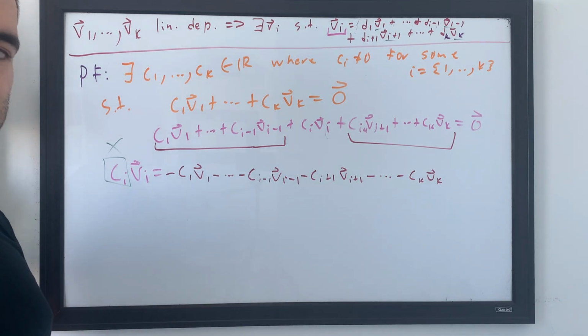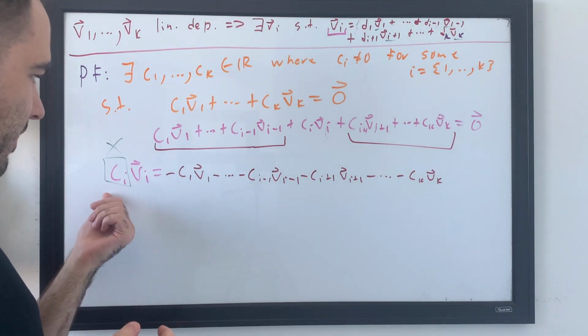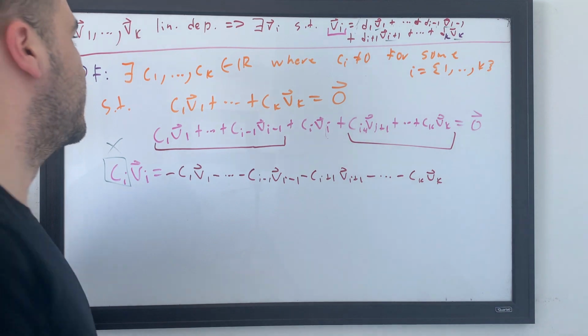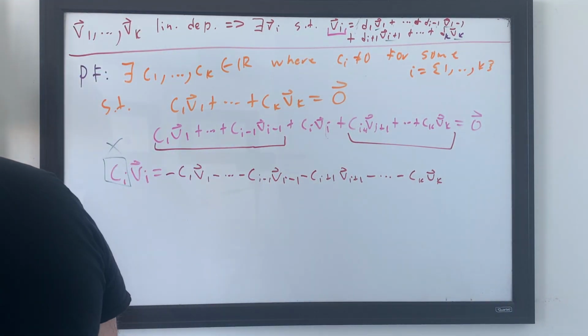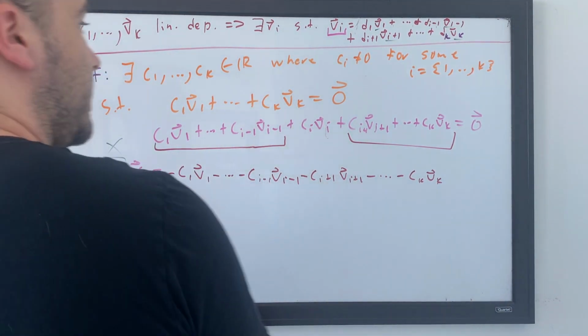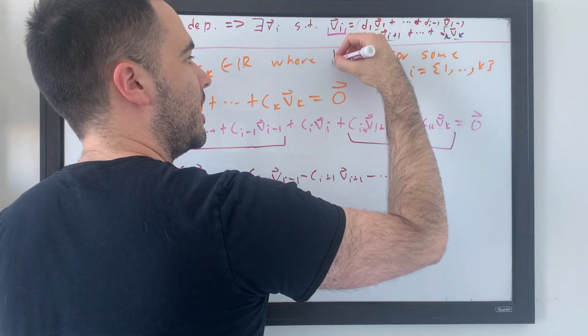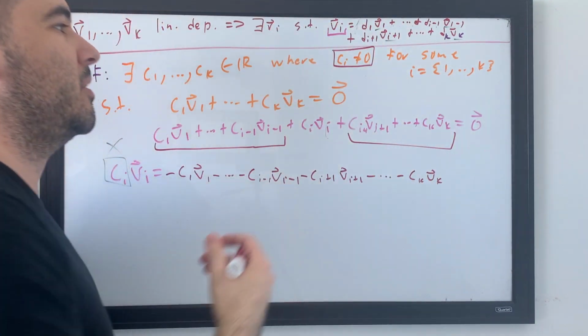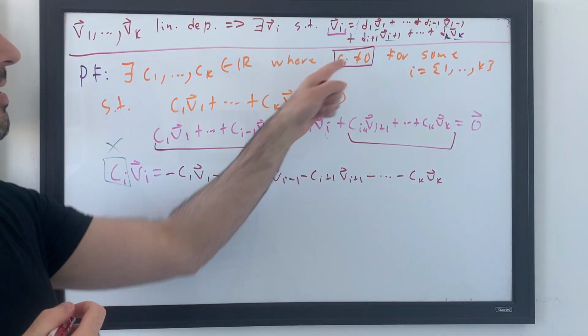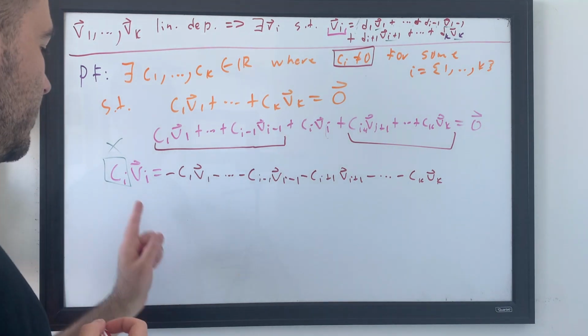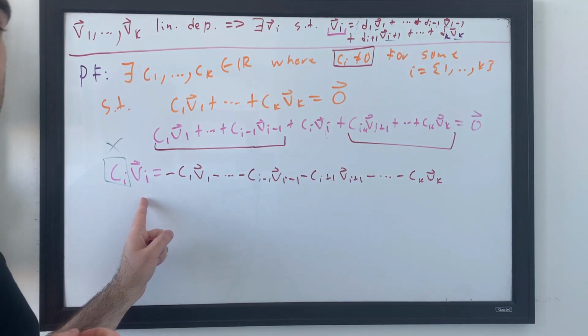Naturally, when we multiply something by a real number, the way we get rid of it is we divide by it. And the only reason we are able to divide by it is because of our assumption of our statement up top. So because ci is not equal to 0, we can now divide everything by ci.